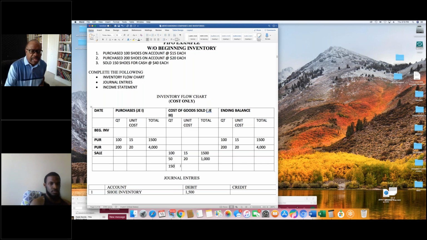Sold 150. They cost two sets of prices, but the total cost of these shoes was 2,500.